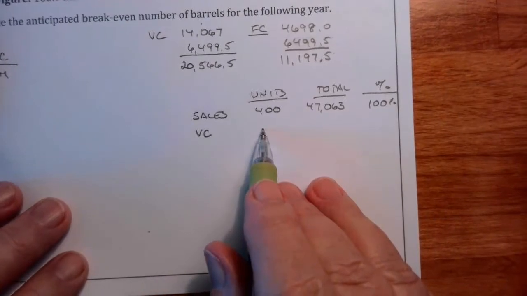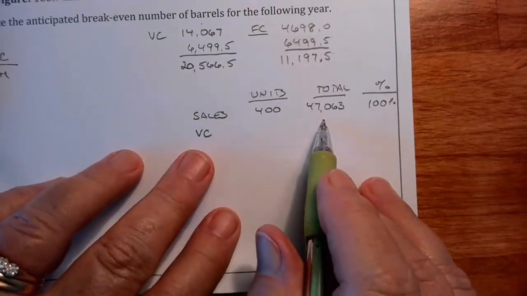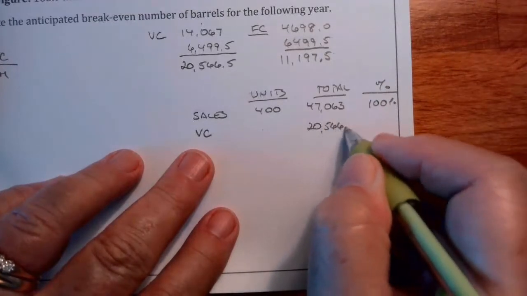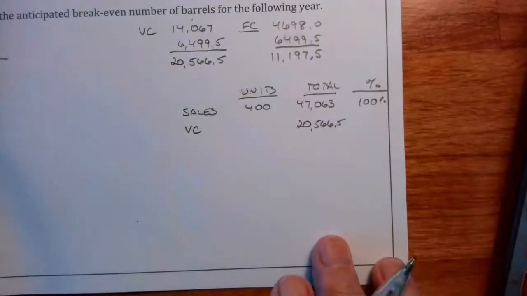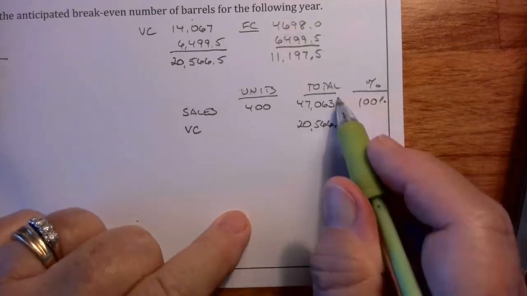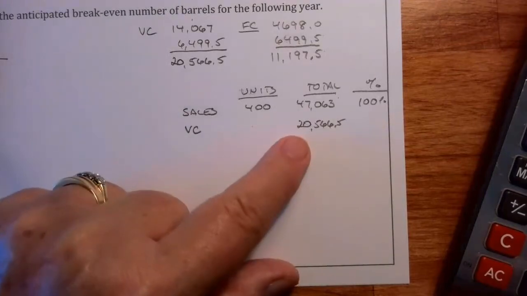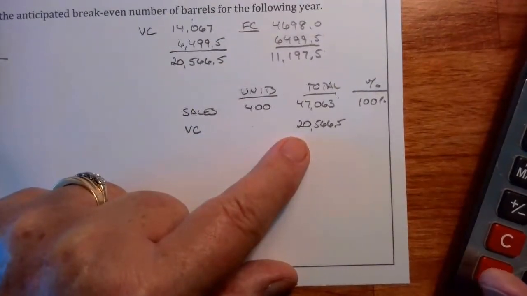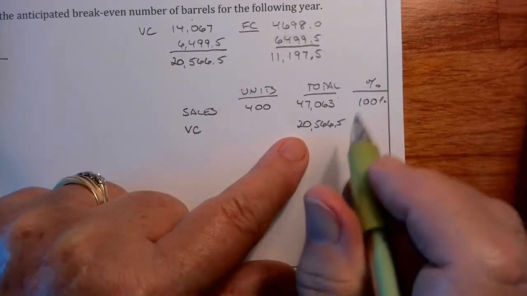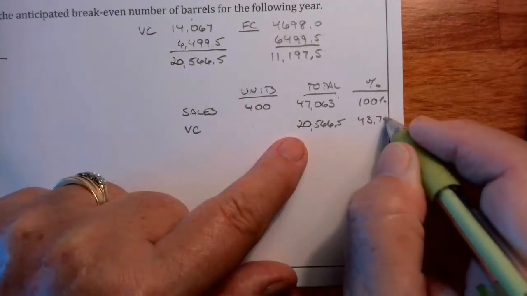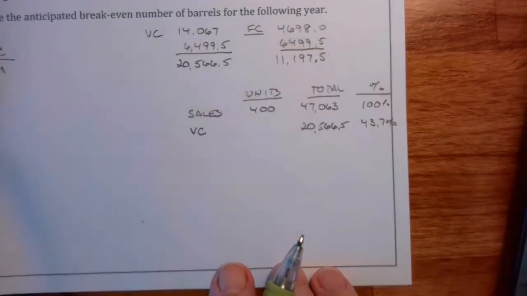For variable costs we'd still have the same number of units. Let's put down our total costs here, 20,566.5, and see what the percent of sales is. Everything is always the percent of sales. So 20,566.5 divided by 47,063 is 43.7%. That's their cost percentage.